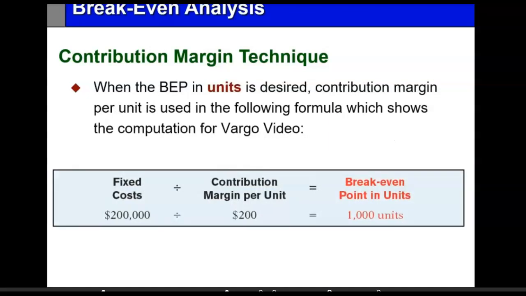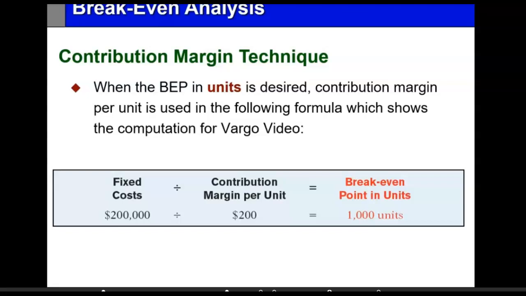Well, if the question is, how many units do I have to sell in order to break even, I simply take the fixed cost, 200,000, and I divide it by the contribution margin per unit, 200, and I get 1,000 units. And that's my break-even point in units.